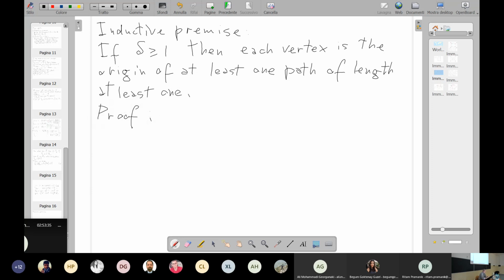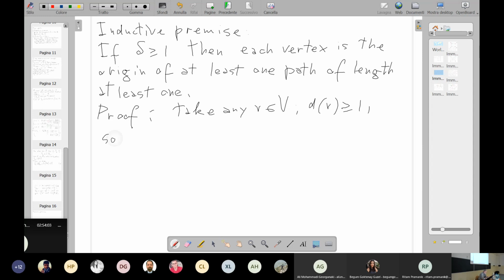That's easy because take any V in the set of vertices. Okay? Degree of V is greater than or equal to 1 because small delta is greater than or equal to 1.